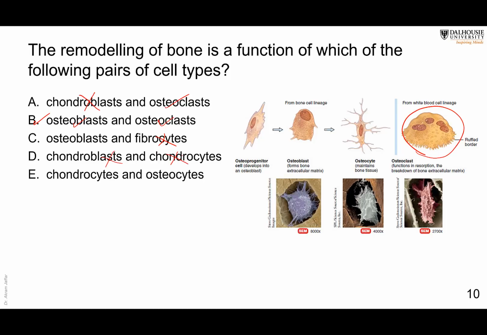The chondrocytes, which are present in cartilage, is incorrect. And osteocytes are mature cells and they cannot produce the matrix like the osteoblasts, but they just maintain the matrix. So they are also not involved. And the correct answer here is the osteoblasts and osteoclasts.